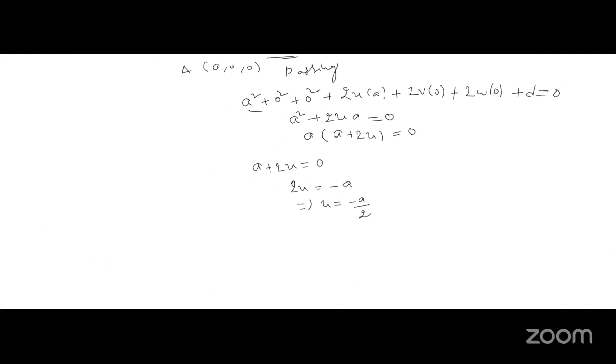And if we substitute the same with b, 0 comma b comma 0, then we get v equal to minus b by 2.